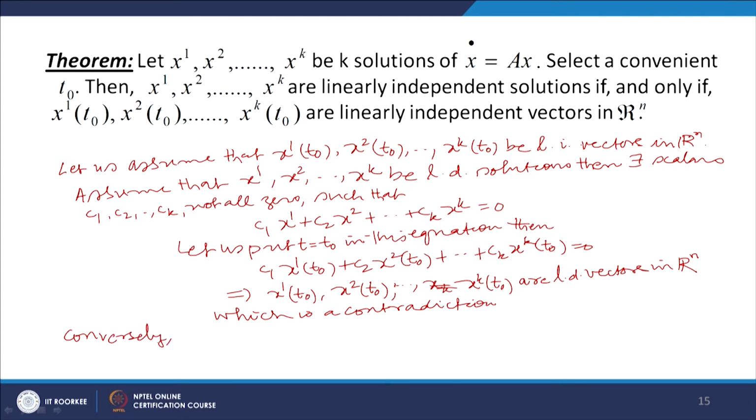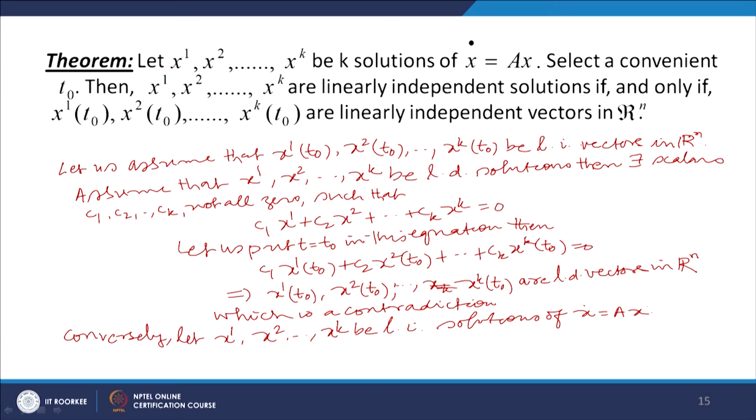Now, let us prove the converse. So, conversely, let us assume that x1, x2 and so on xk be linearly independent solutions of the vector differential equation x dot equal to Ax.